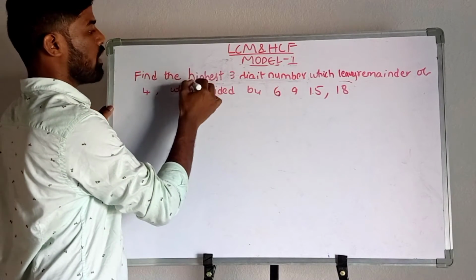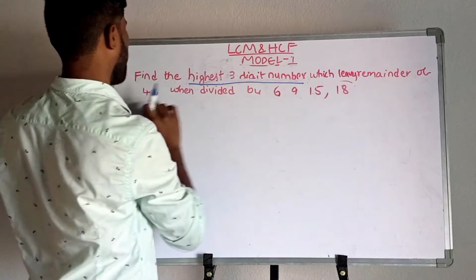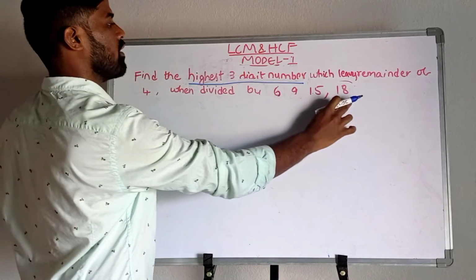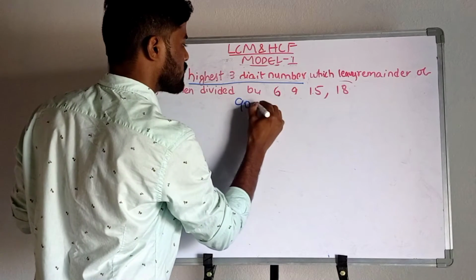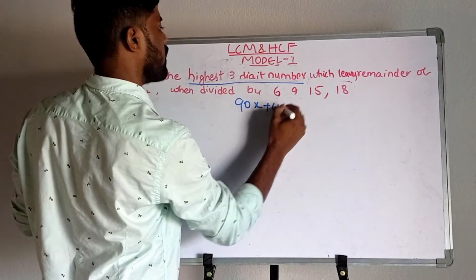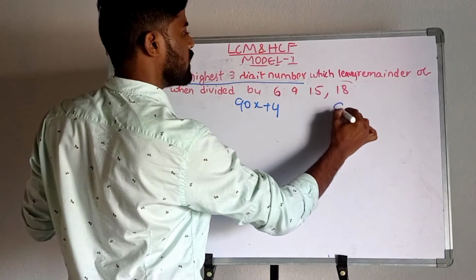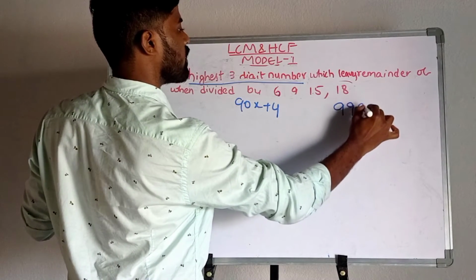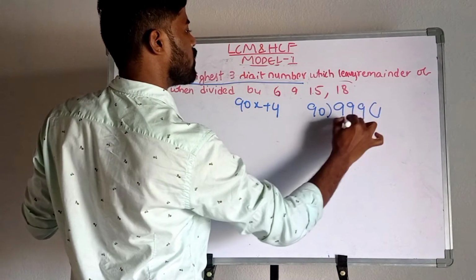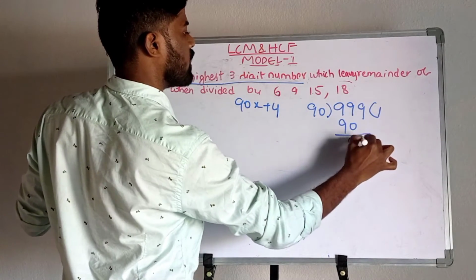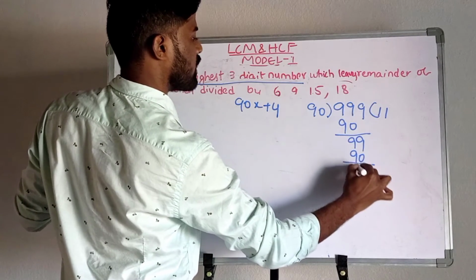If in the question we have to find the highest 3-digit number which leaves a remainder of 4 when divided by 6, 9, 15, 18, first we write our general term 90x plus 4. We have to find the highest 3-digit number. We know that the highest 3-digit number is 999. We divide this by 90. 90 into 11 is 990, remainder 9.